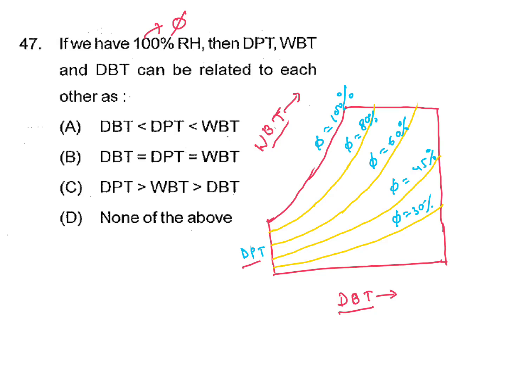Relative humidity lines are curved lines. Here relative humidity is 30%, it will increase up to 100%. So when relative humidity is 100%, then dew point temperature equals WBT equals DBT, dry bulb temperature, all are the same. So B is the answer.